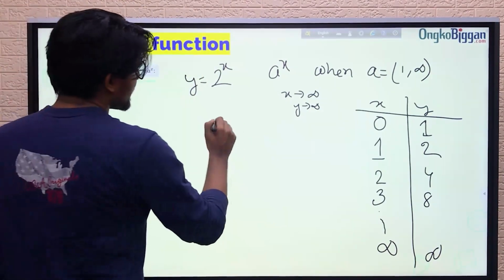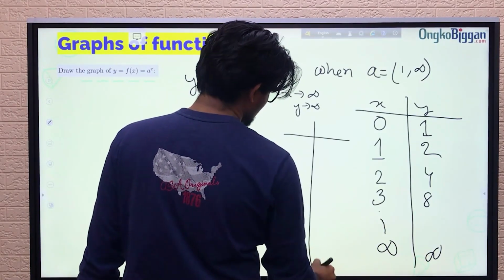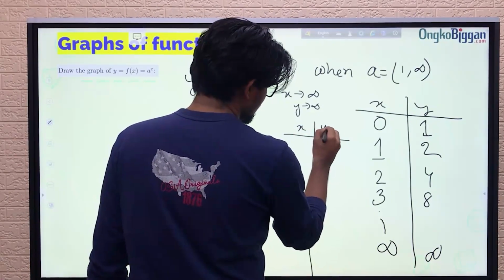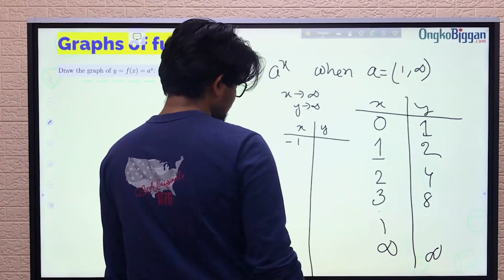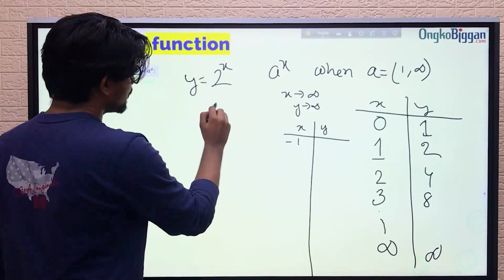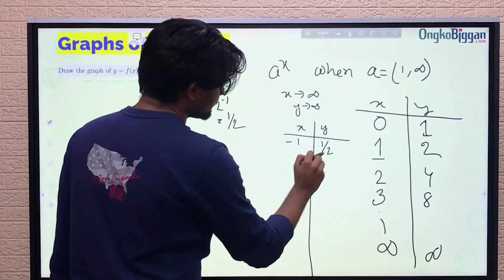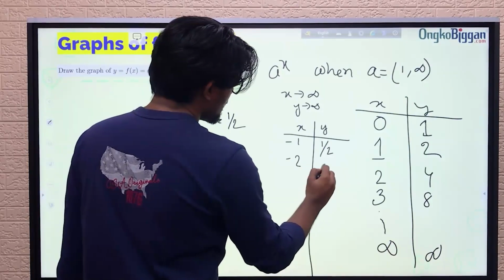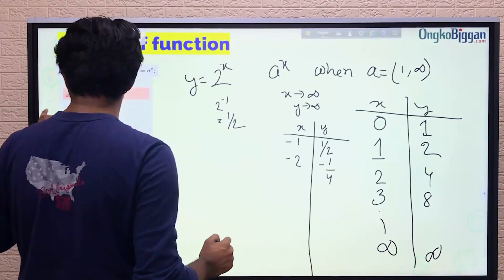Now we try to find the values in the negative direction, that is if x is smaller than 0. If x is equal to minus 1, we see that the value of y is 2 to the power of minus 1, that is half. Similarly, minus 2 will be 1 by 4.